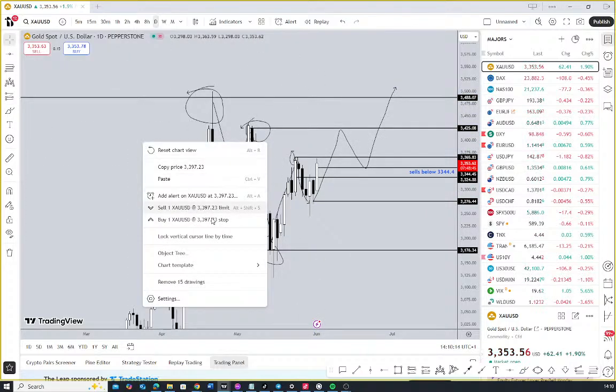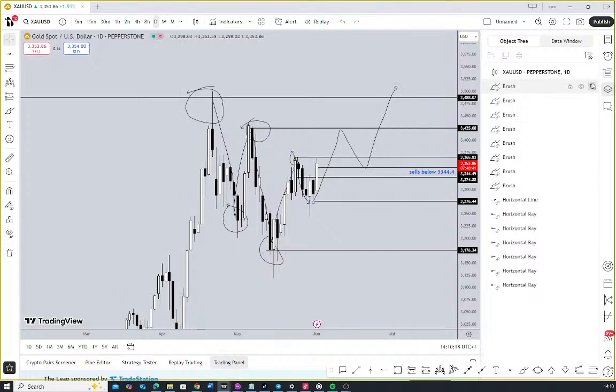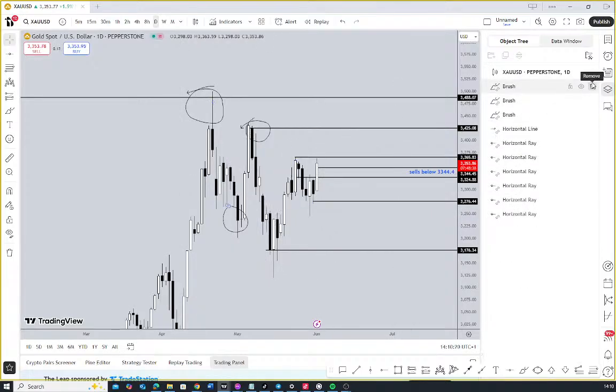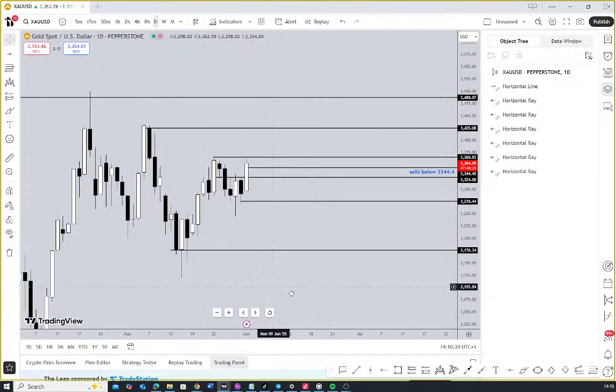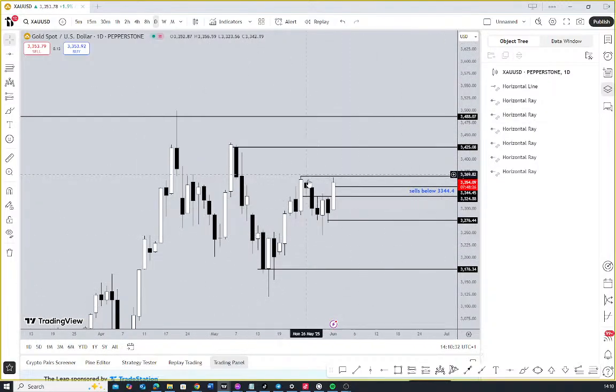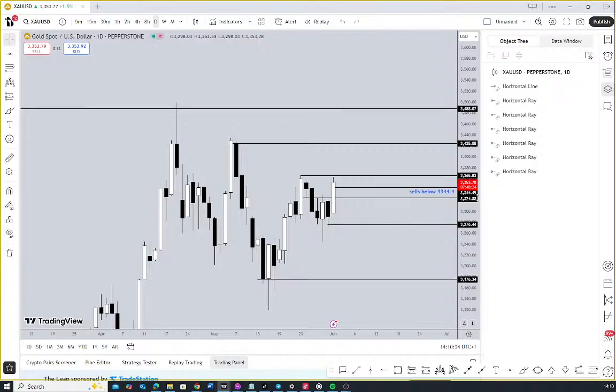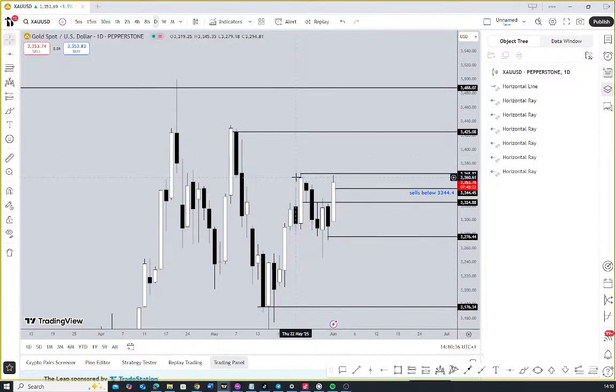All I can say is, when you're looking at things, people will try to reword and repackage things in a different way to make it sound sexy and sizzle, to get people into it. At the end of the day, it's just simple. If the market creates a new high, then guess what?